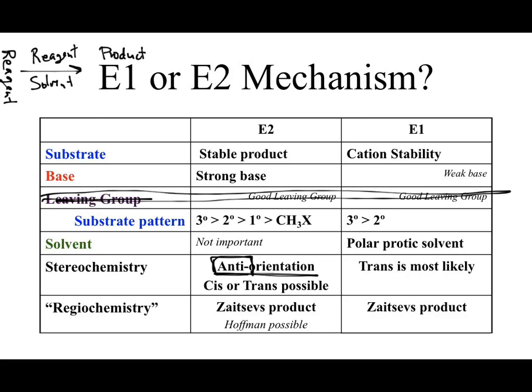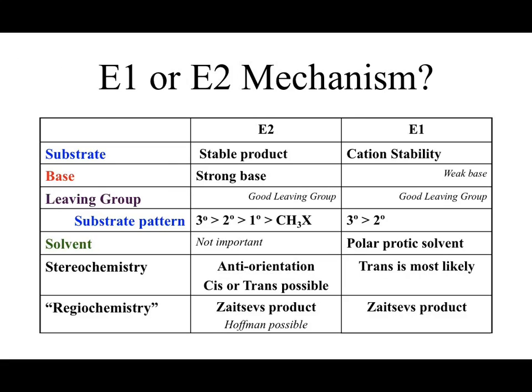We're always trying to form the most stable double bond. So that's Zaitsev's rule, and that's where we get our Zaitsev products. That's regiochemistry, deciding where the double bond goes. I intentionally didn't talk about Hofmann, but if you take more advanced classes, you might see it.